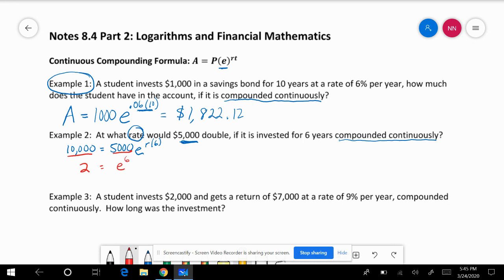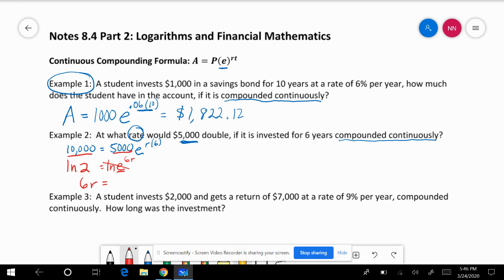And if you remember from the last unit, we have to get rid of our base number. So we have to do the log of that base. And we know that the log of base E would be natural log. So we're going to do the natural log of both sides. Natural log of E becomes 1. So we're getting the 6R by itself.